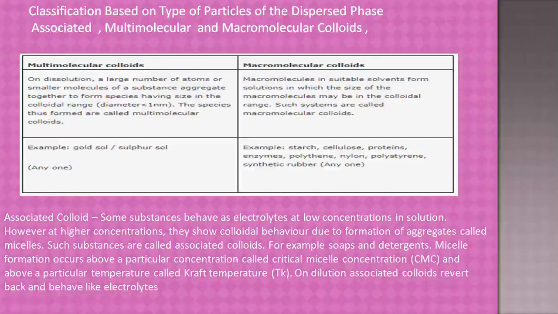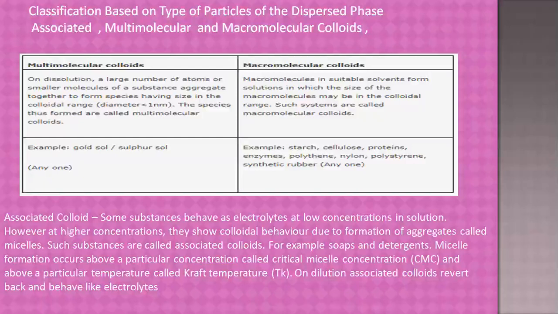Next is associated colloid. Substances behave as electrolytes at lower concentration, but if the concentration is higher, they show colloidal behavior due to the formation of aggregates called micelles. Such substances are called associated colloids. For example, soap and detergent.